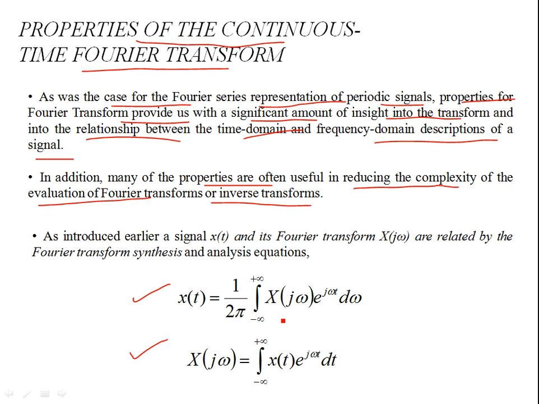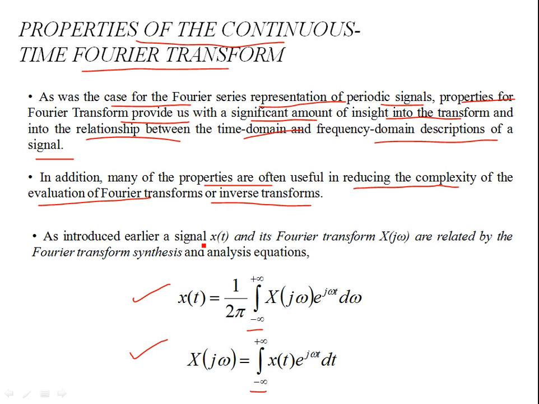So it's a linear combination of complex exponentials. The summation operation is inherently a linear mathematical operator. Over here you have an integration, which is again a linear mathematical operation. So properties such as linearity are going to hold for both. You will see that there is a very close connection with the properties that we talked about earlier for the Fourier series. Similar properties are going to hold for Fourier transform representations of signals.